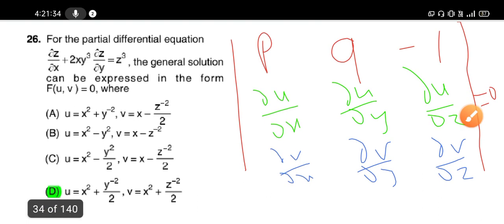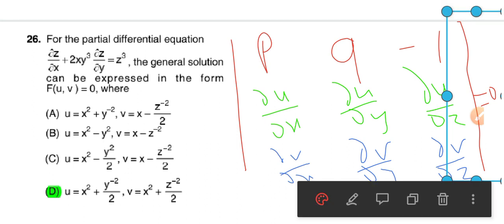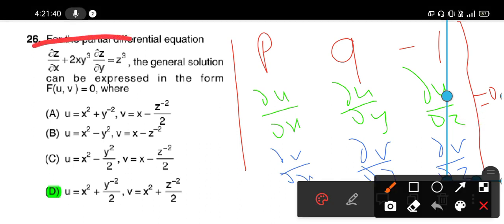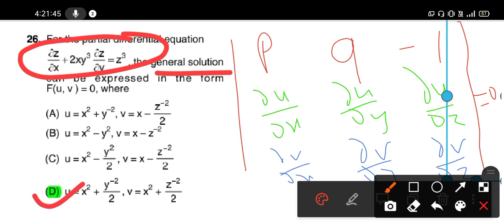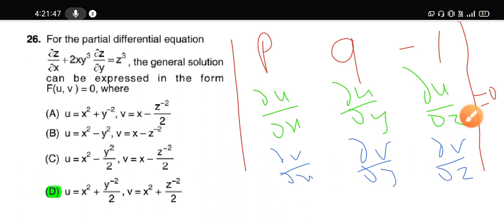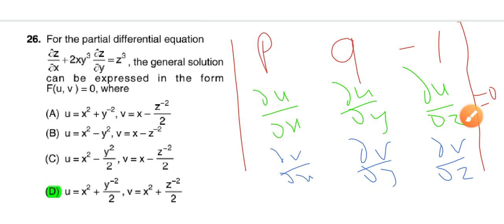For the PDE given, dou z by dou x and so on, and the general solution, what are U and V? First of all, check which one is correct.